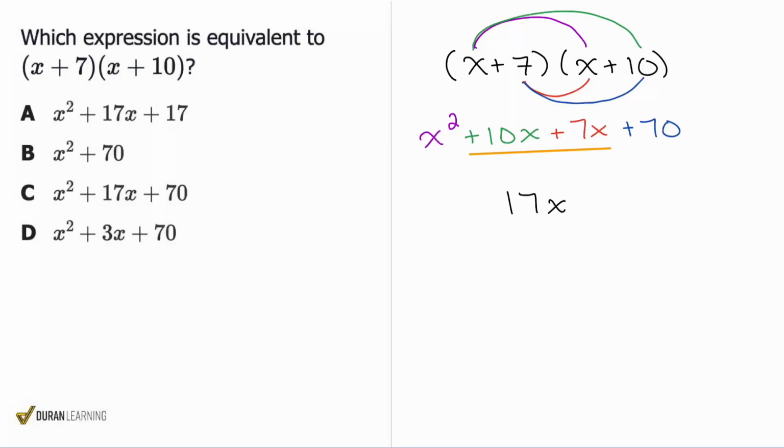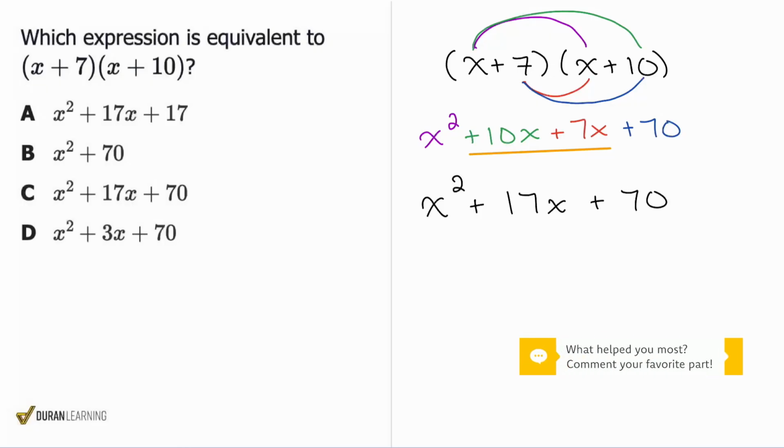Just like that. Multiplication is different. Multiplication has its own rule where we multiply the values, the coefficients in front, and multiply the variables together. So we add those exponents in that case. This is different. Our final answer is going to be x squared plus 17x plus 70. And so the correct answer is going to be answer choice C.